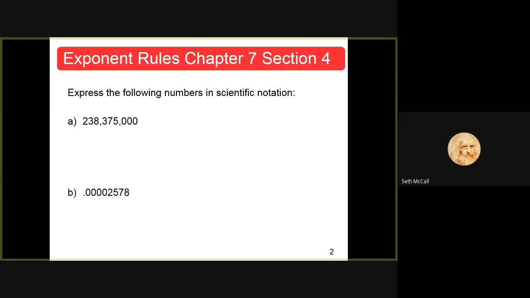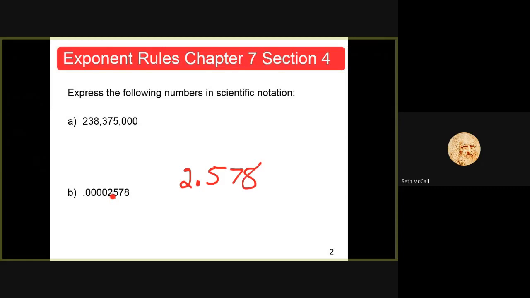I'm having a little trouble getting that dot to come in there. I apologize, guys. You can kind of see where it's supposed to be. There, it's supposed to be right there. So if I were to write that out, it would be 2.578.